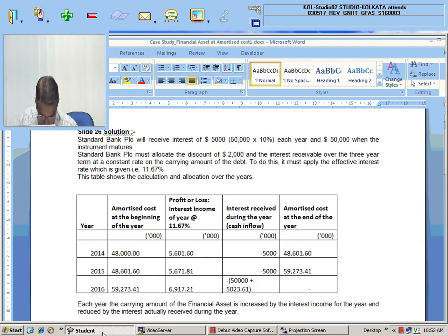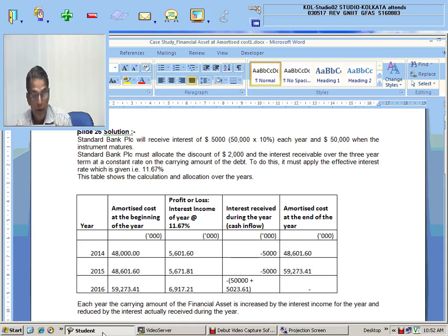So 49,273.41 plus 5,750.21 gives you 55,023.62. So the amount of interest, that is interest received during the third year, is again 5,000 plus 50,000. So almost the entire cost gets amortized.